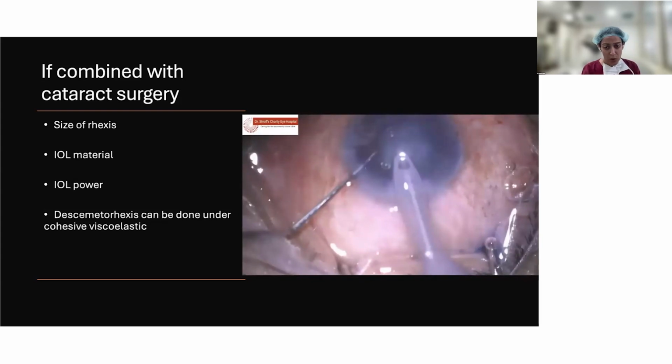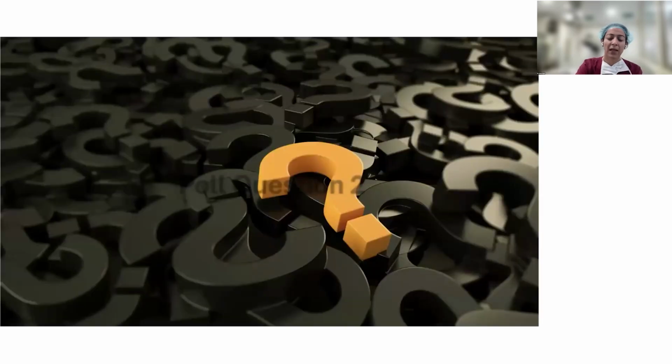The IOL material that you use, and typically we like to avoid hydrophilic IOL material because the air bubble tends to cause IOL opacification. The IOL power that we will be implanting, and usually DSAEK causes a hyperopic shift in the eye, and therefore we like to tend to go about a diopter or so myopic with our IOL power calculation. And the capsulorhexis, like we discussed in a phaco case, can be done under a cohesive viscoelastic.